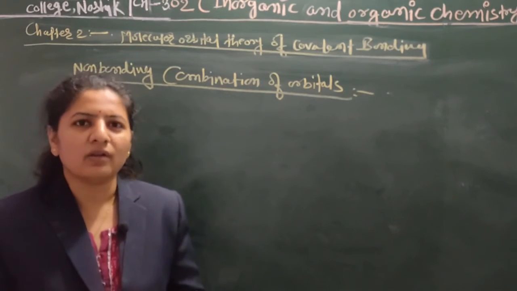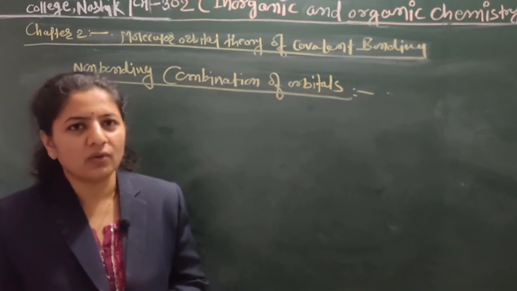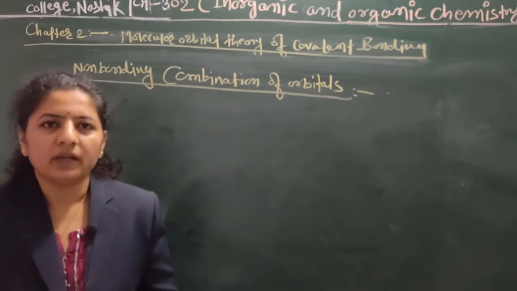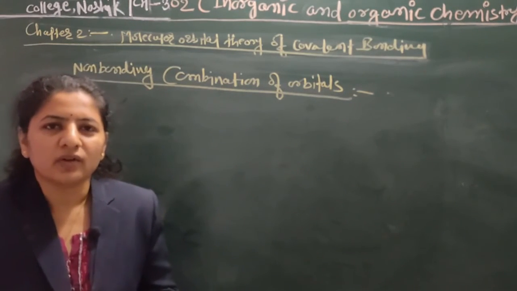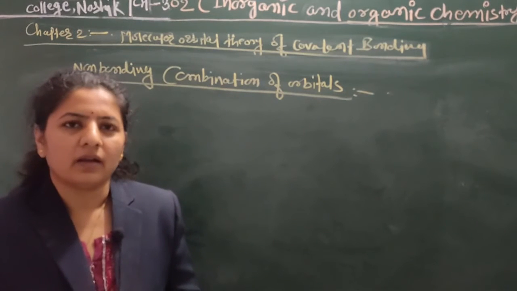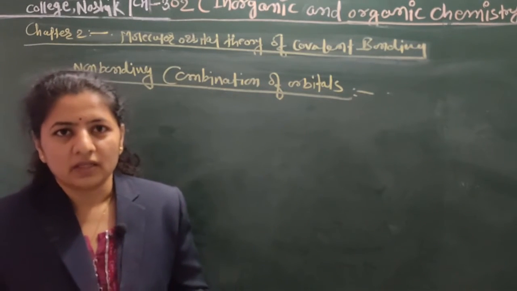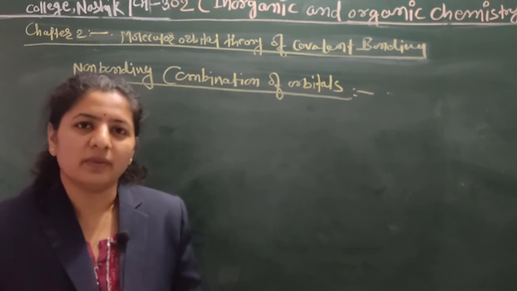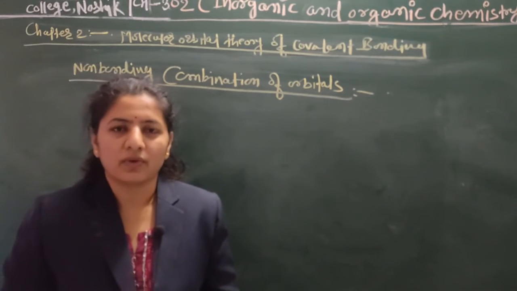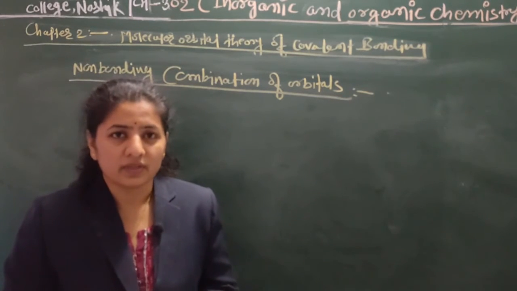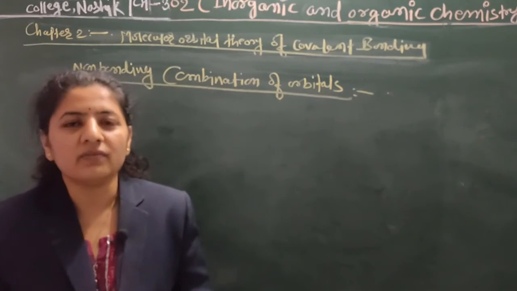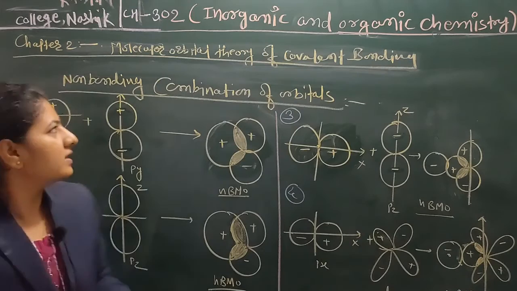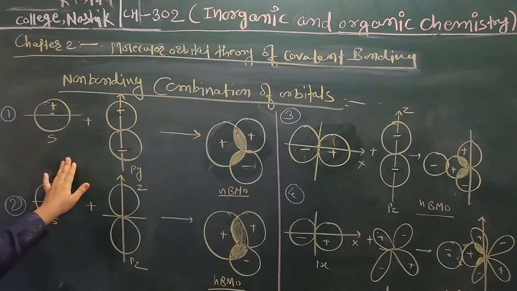For effective overlap to obtain a bonding molecular orbital, the sign of the lobes must be the same, and for an antibonding molecular orbital, they must have different signs.